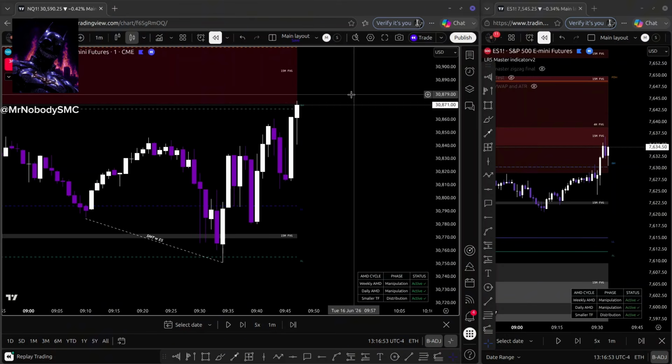All I am showing you is high probability areas in which the market is most likely to have a reaction at. Your job is going to be to align these tools with your way of trading. At the same time, obviously, I'm going to provide you with the way that I think you should do it.